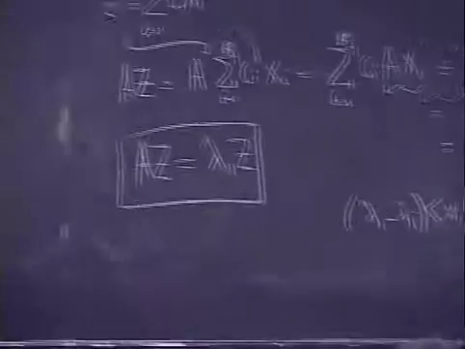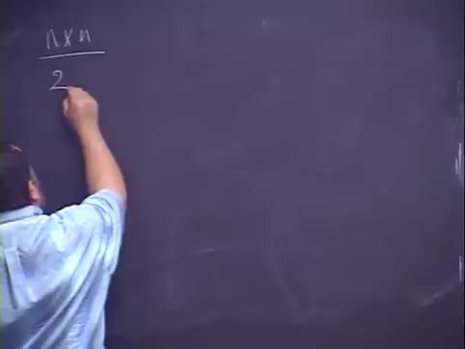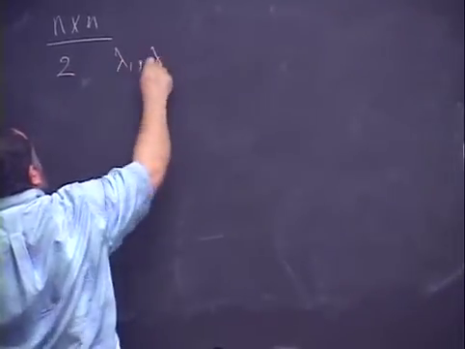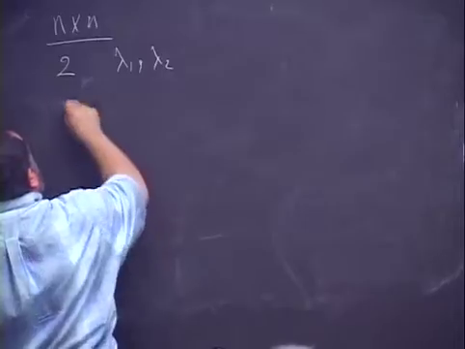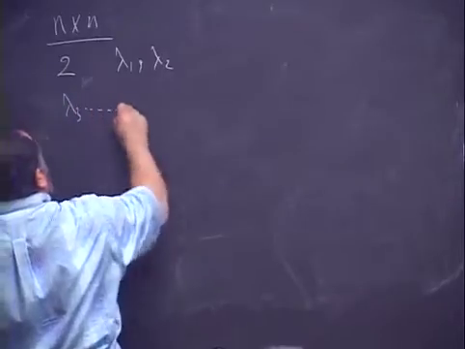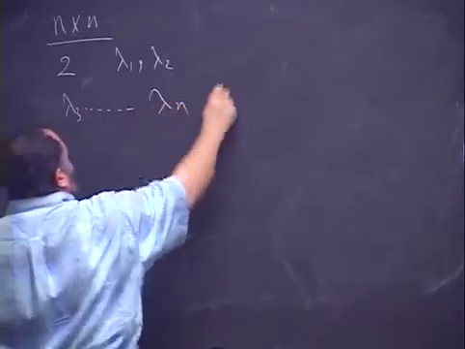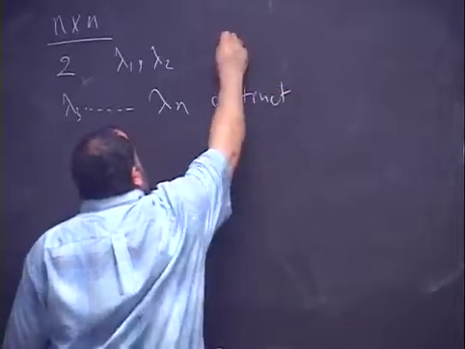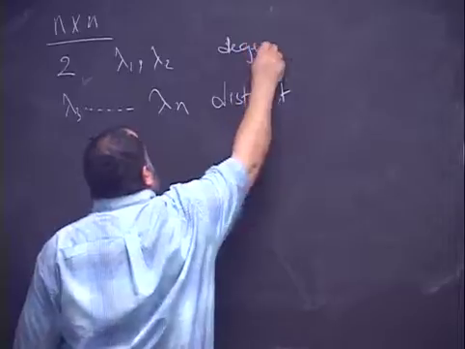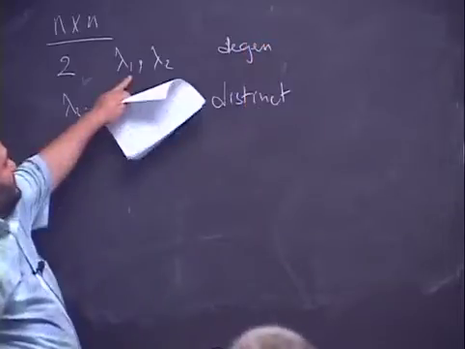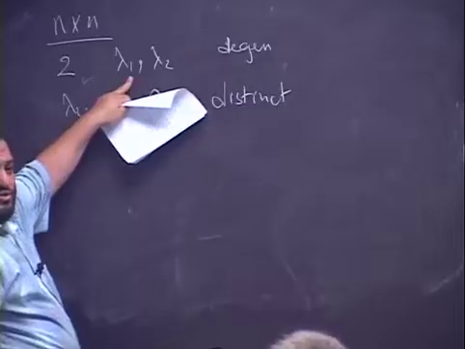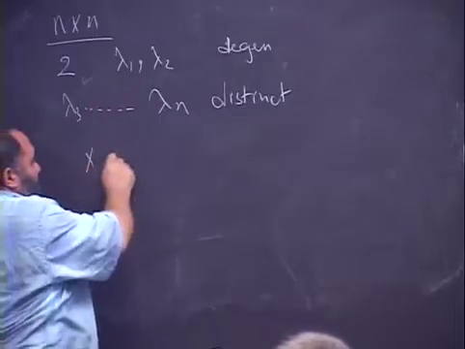Two of those eigenvalues are equal, lambda 1 and lambda 2, and lambda 3 up to lambda n are distinct. This is degenerate. So how many eigenvectors from here? 2, which is x1 and x2.